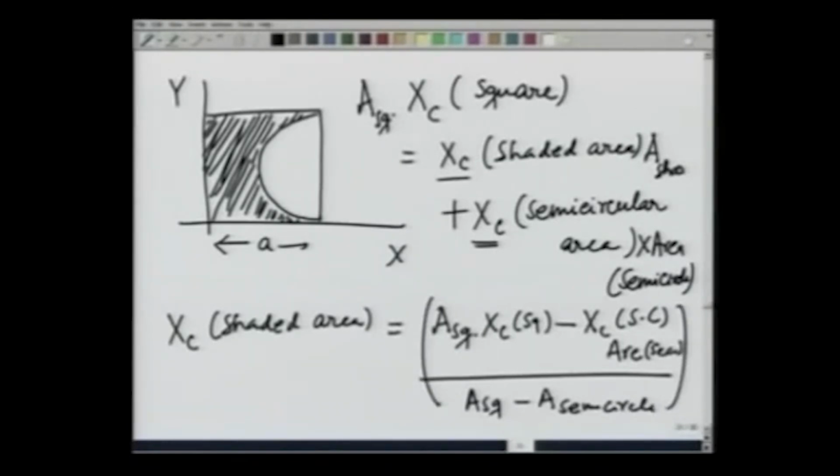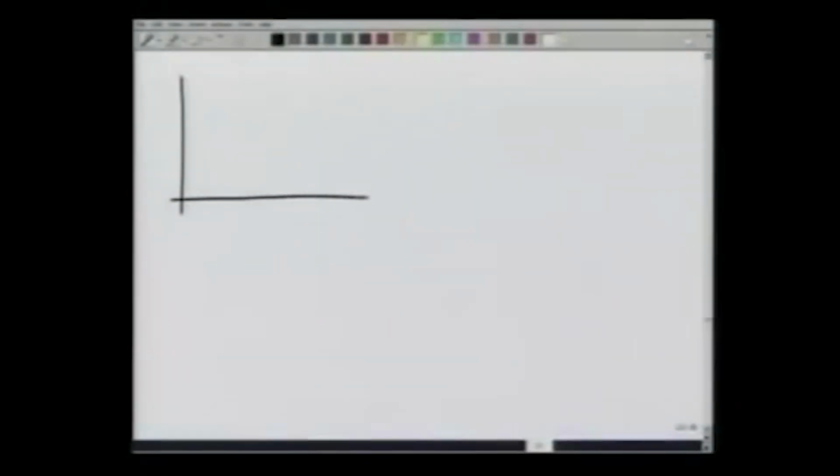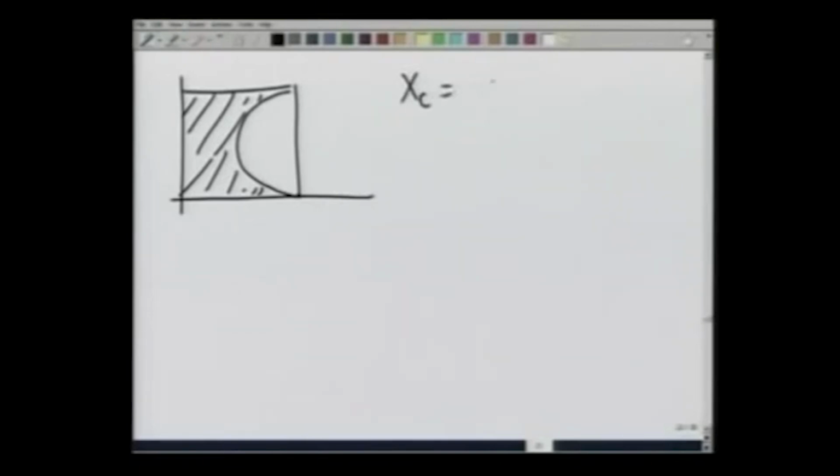And that is what we wish to calculate. We have already calculated that for a square, XC is going to be A by 2, where A is its side.